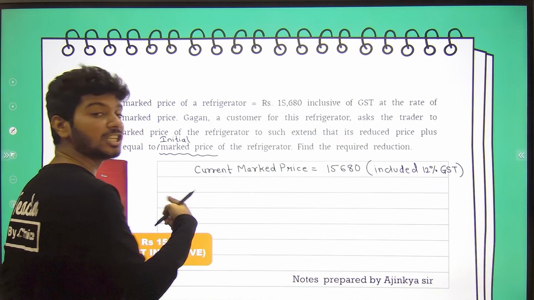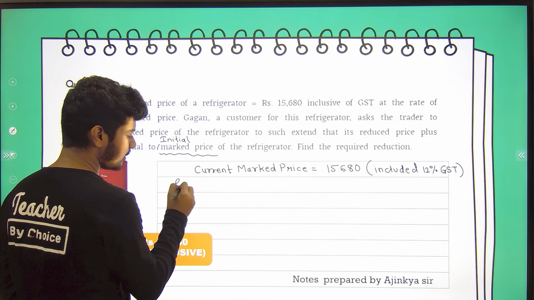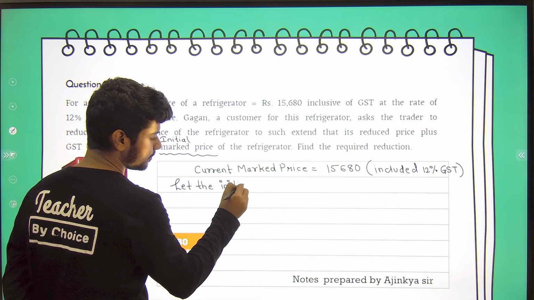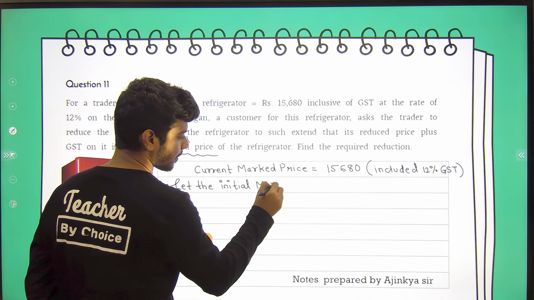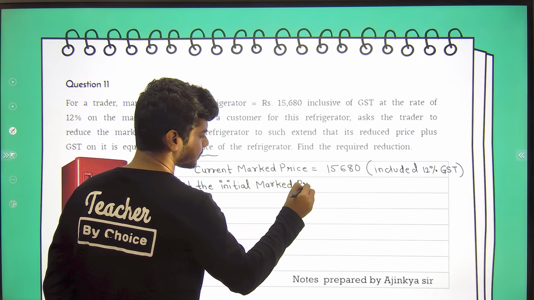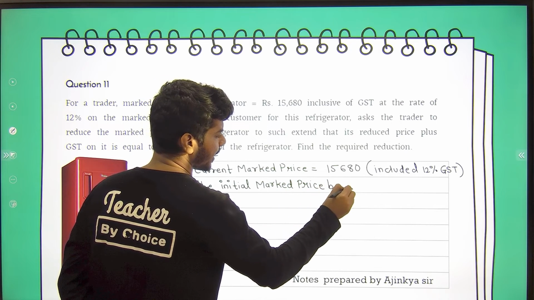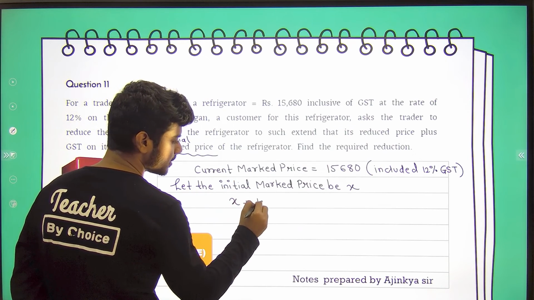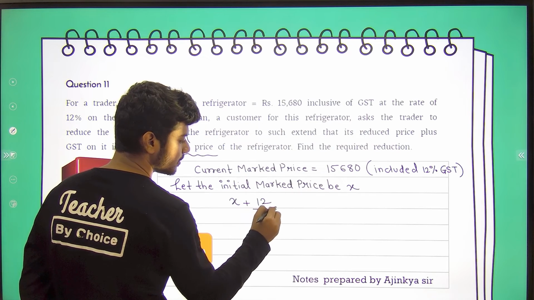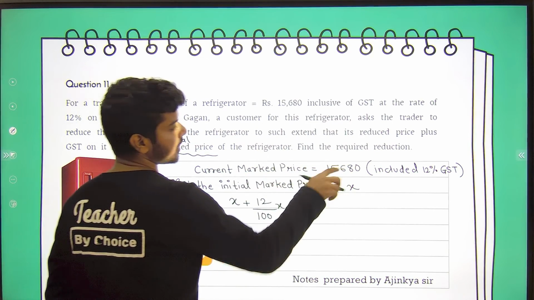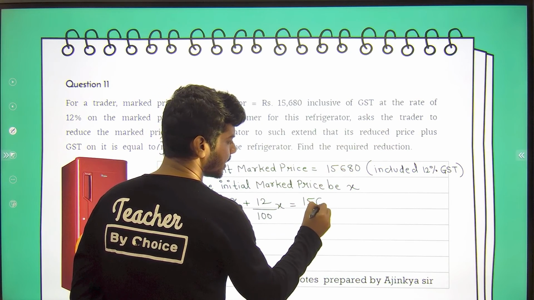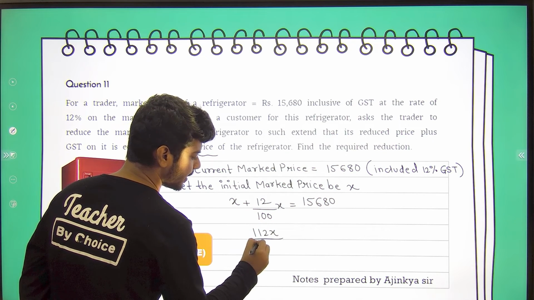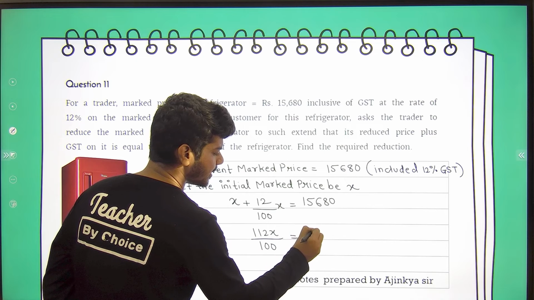Now let the initial marked price be X. So can I say X plus 12% of X will give me 15,680. So 112X divided by 100 will be equal to 15680.